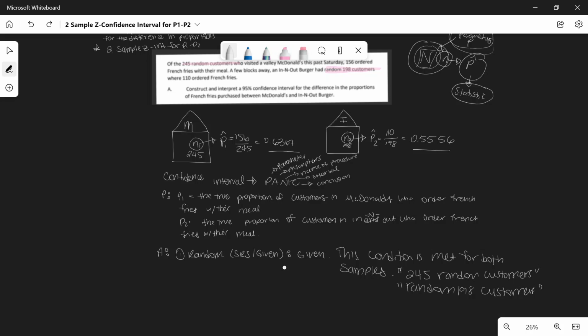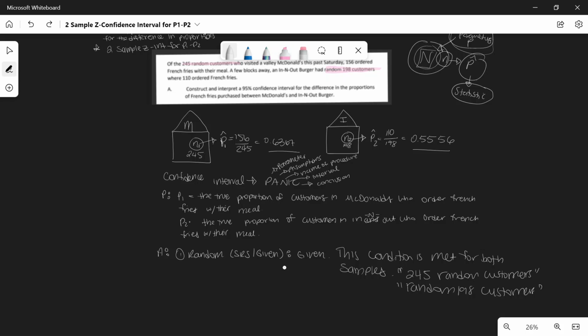So basically these conditions have to be met in order to construct a confidence interval. If they're not met, statisticians, I cannot even say the word, people who do statistics, they still want you to proceed with this, or at least you just say proceed with caution, or this condition is not met, but proceed with caution.